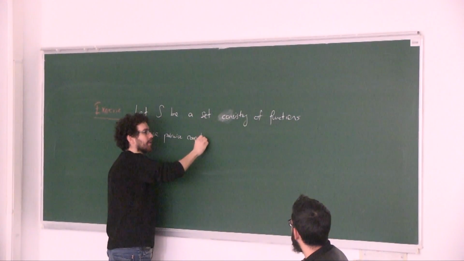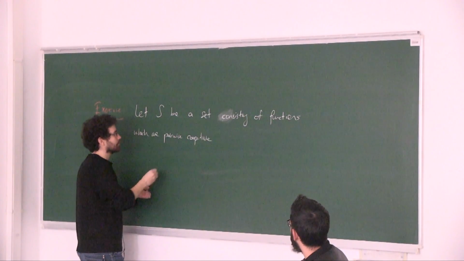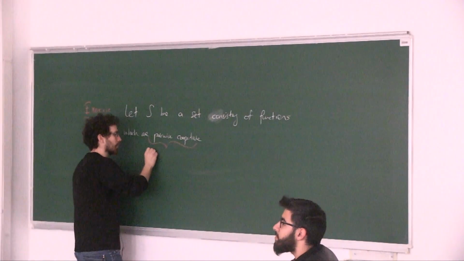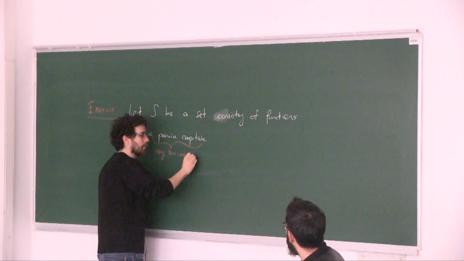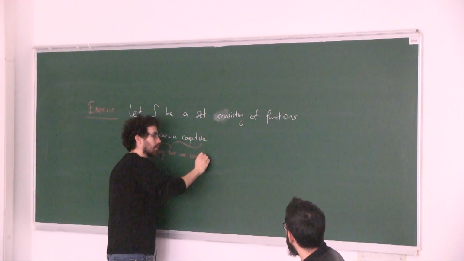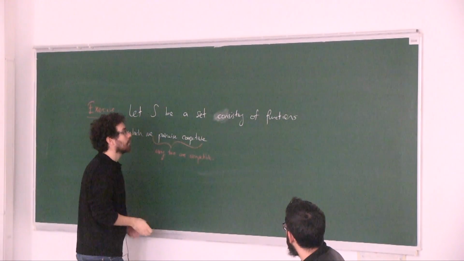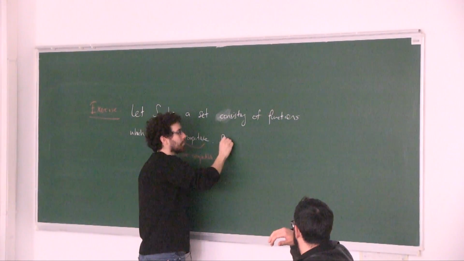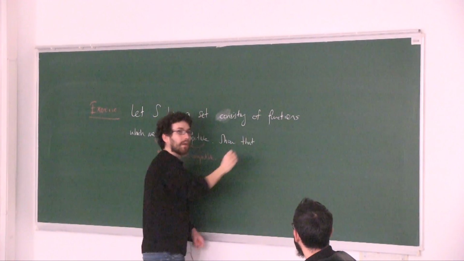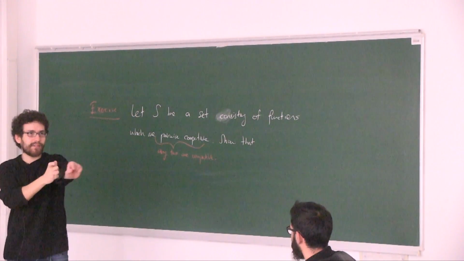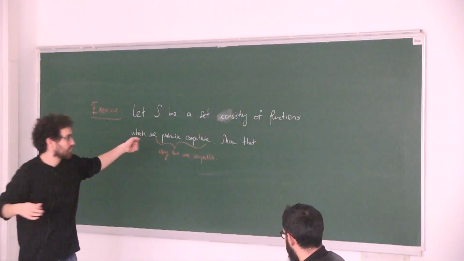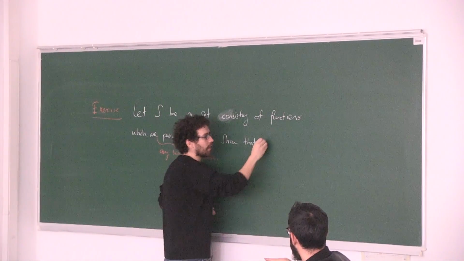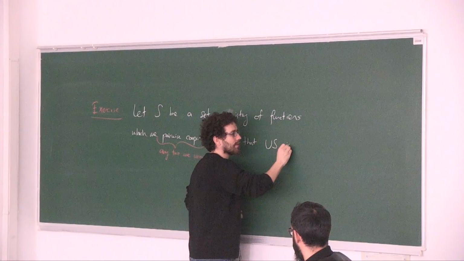Pairwise compatible means that any two of them are compatible. Any two are compatible. Show that, prove that. Now this is a good exercise. If you want to understand how we treat functions in ZFC, show this. Show that the union of S is a function.